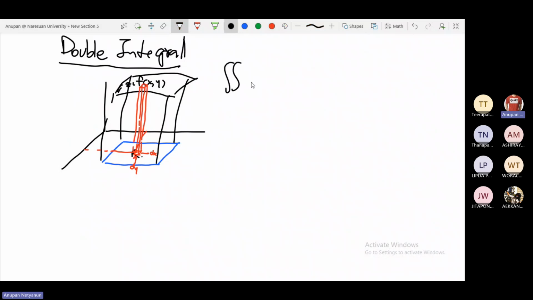Here dA comes from dx times dy, and this is the height of this pole.